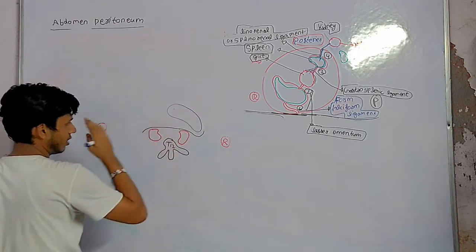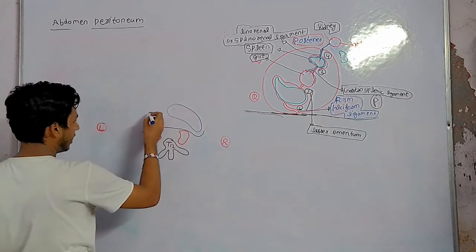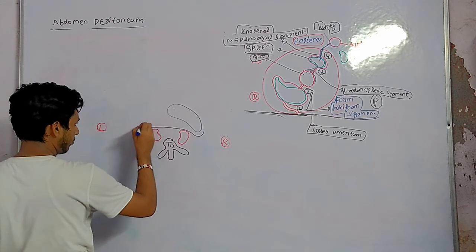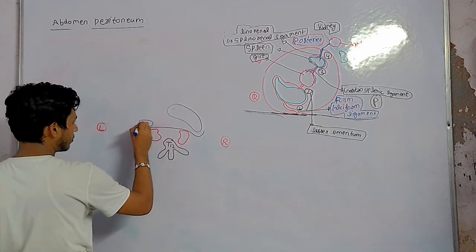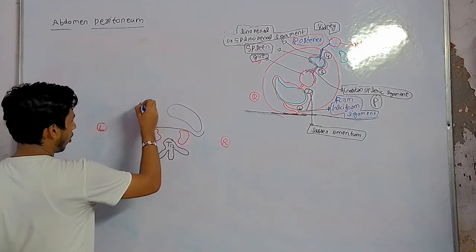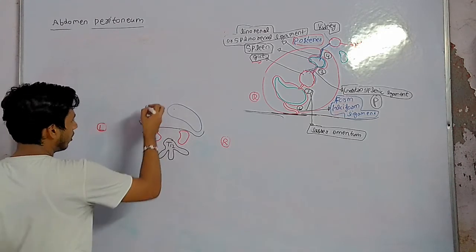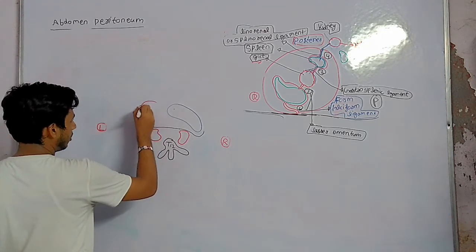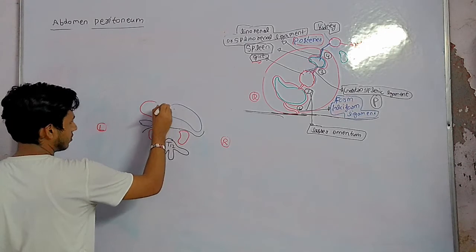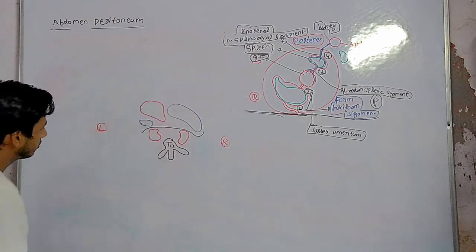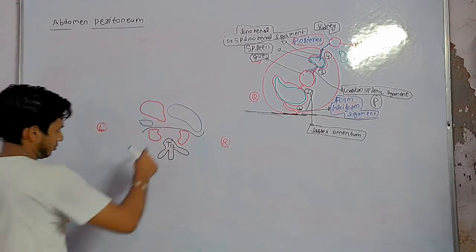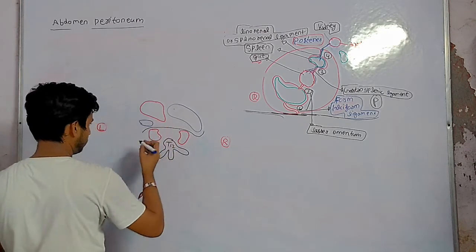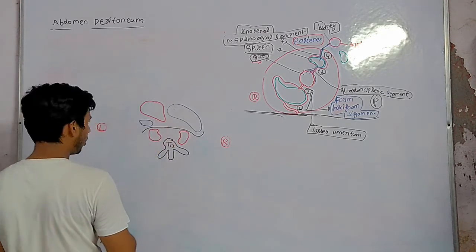Done. On the left side, again, we first have the spleen posteriorly and the stomach. The stomach looks like this. Done. Now the peritoneum fold forms.